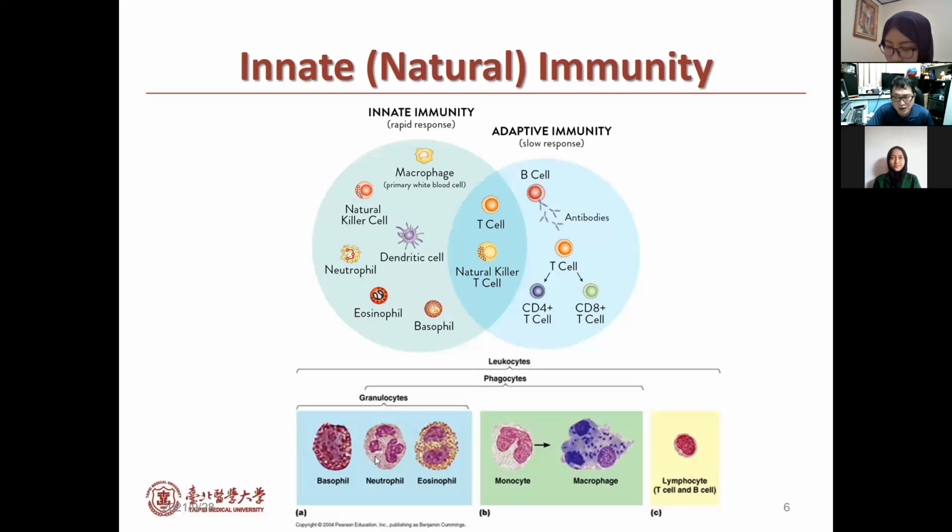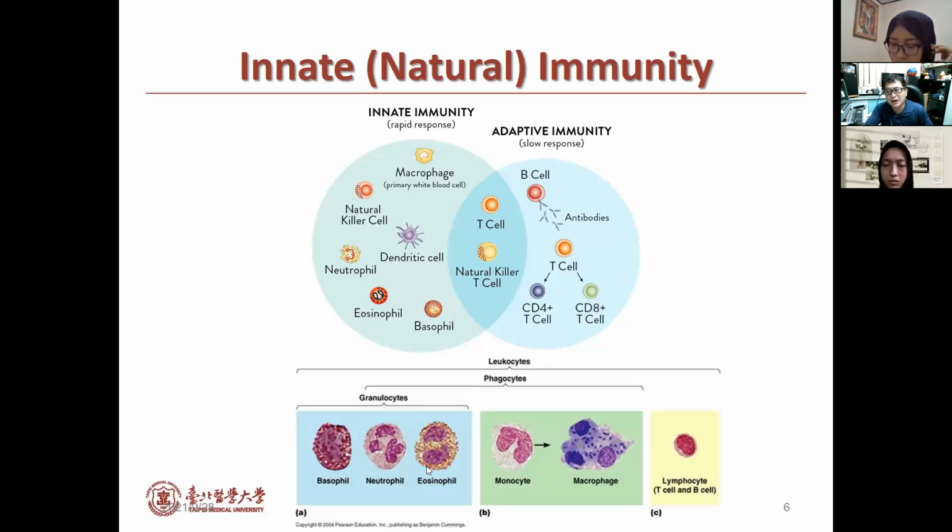If they did not change color with the dye staining, we call them neutrophils. If they appear blue or purple, we call them basophils. If they turn red or orange, we call them eosinophils.